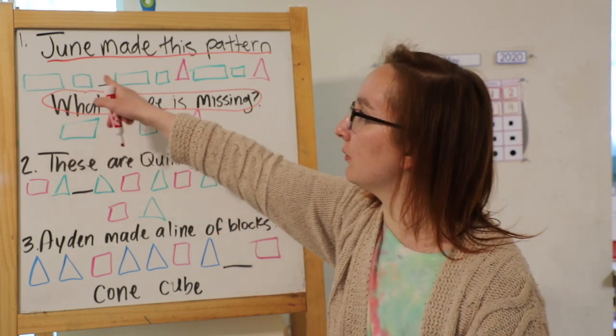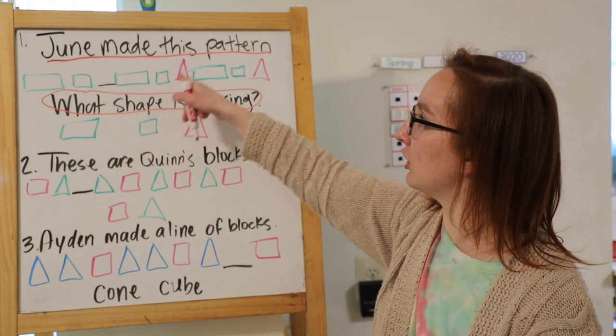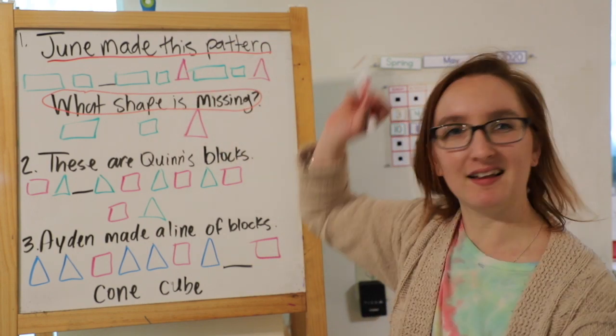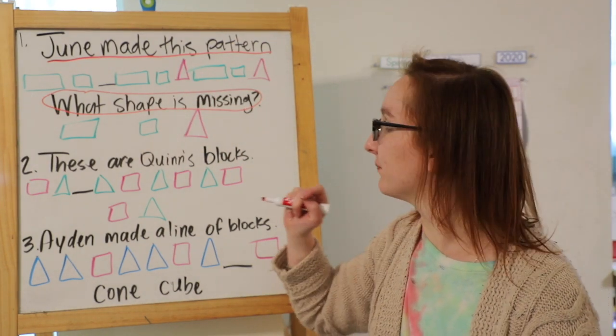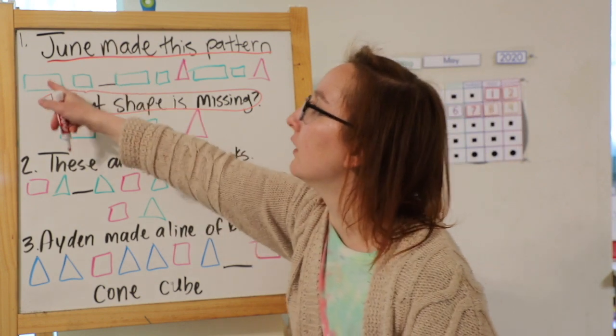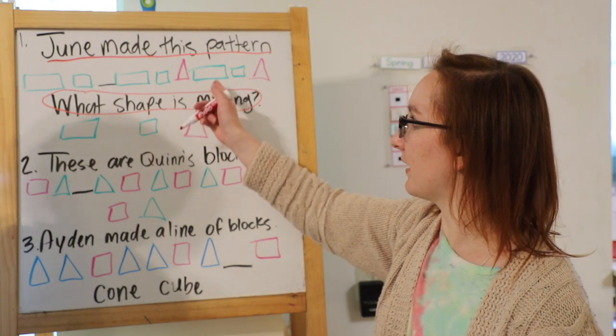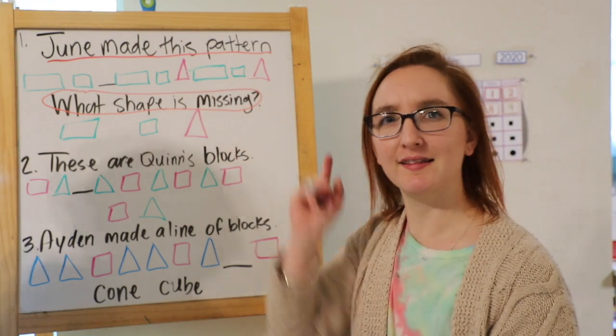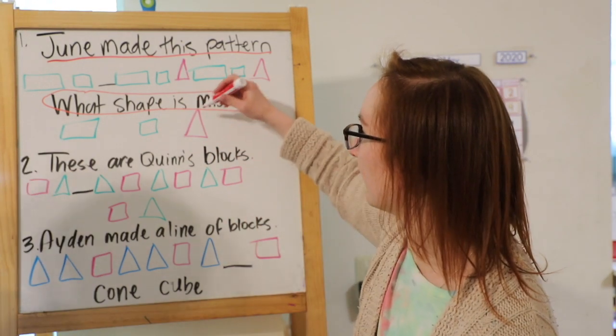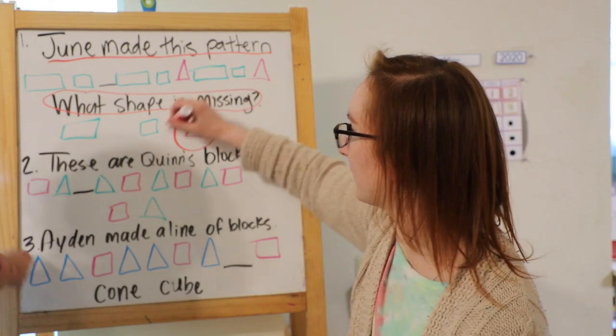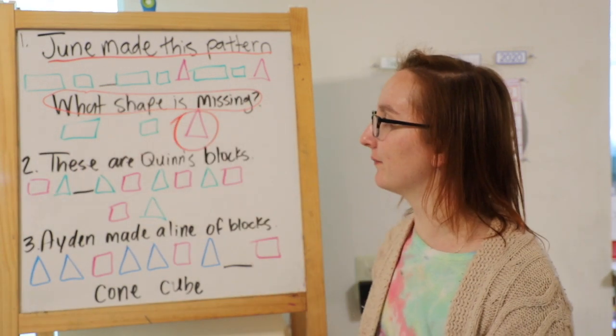Rectangular prism, cube, rectangular prism, cube, cone. That doesn't seem right either, does it? What if we try cone? Rectangular prism, cube, cone, rectangular prism, cube, cone. That sounds right. So we're going to go ahead and circle that shape. We're missing the cone up here.